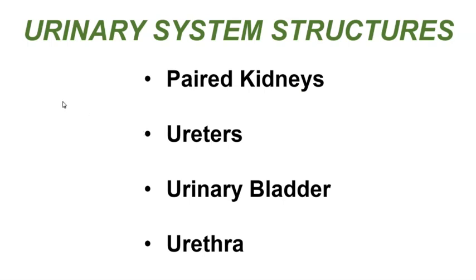So the ureters, there is one that leaves each kidney. The ureters direct the flow of filtrate or urine down to the urinary bladder, where it is stored, and then finally the urinary bladder can be emptied or voided through the urethra.